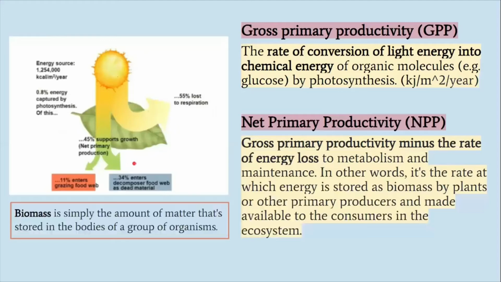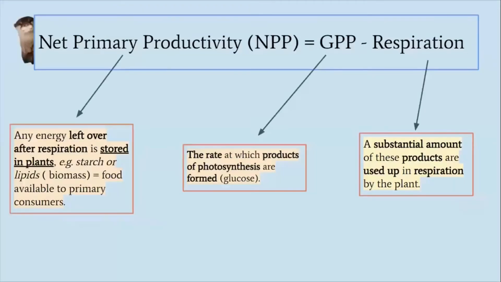So this NPP is available to the next trophic level, which would be the herbivores or omnivores. We can use this equation to calculate NPP. As I stated before, NPP is GPP minus respiration, or the glucose used up in cellular respiration, where a lot of the energy is released to the environment as heat energy. So NPP is basically GPP minus respiration.